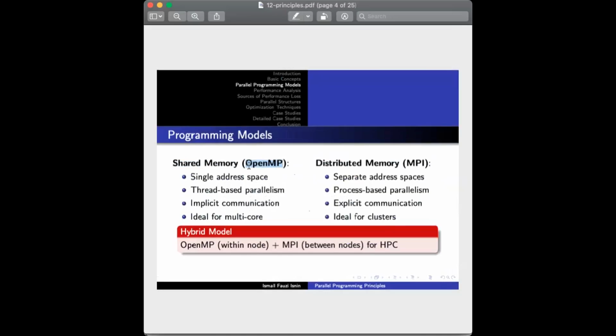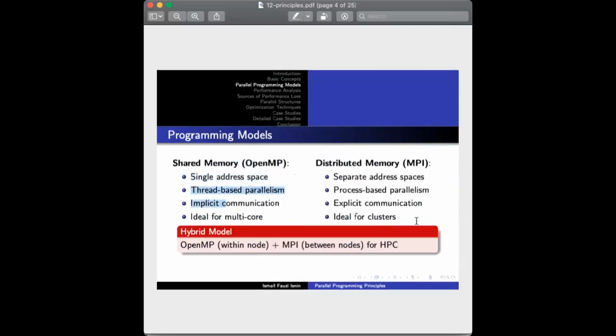In the shared memory model, all threads operate in a single unified address space because memory is shared. Communication between threads happens implicitly when they read or write to the same variable. This is the thread-based paradigm that is highly ideal for multi-core processors within a single system node.